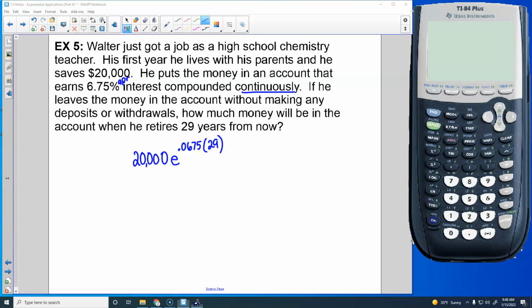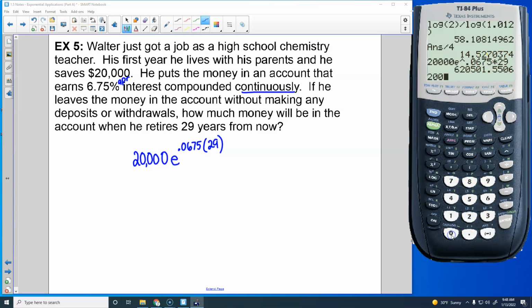So if this were the case, did I need parentheses? I think I did. That's not the right answer. Hold on. I needed parentheses because that whole thing is in the exponent.